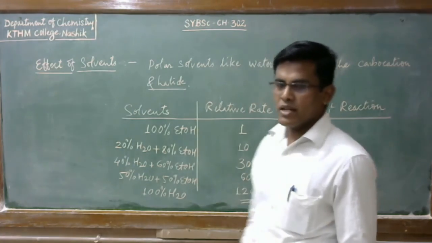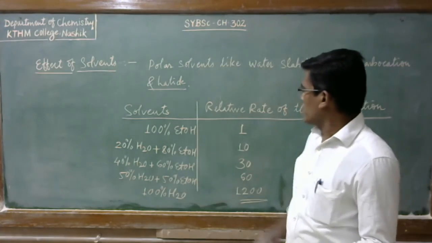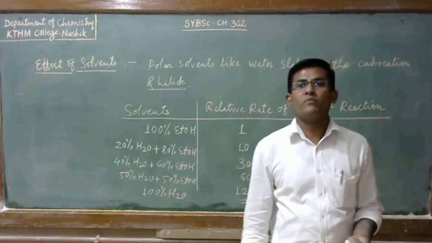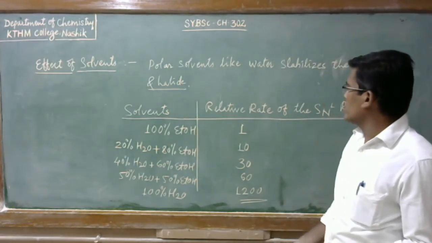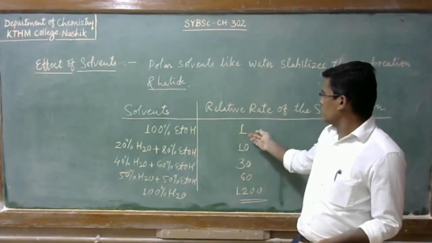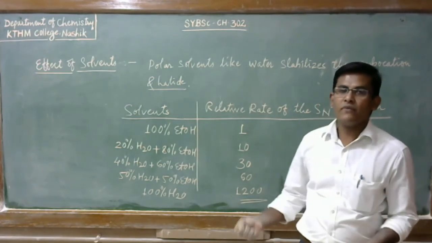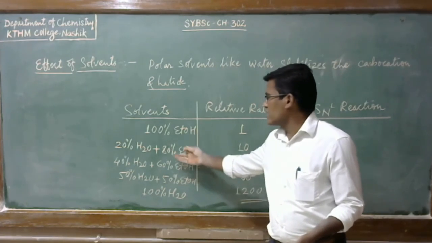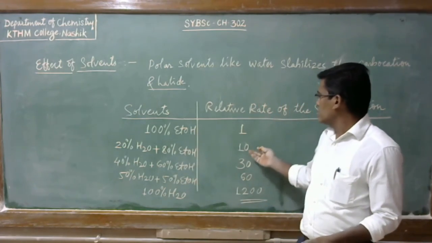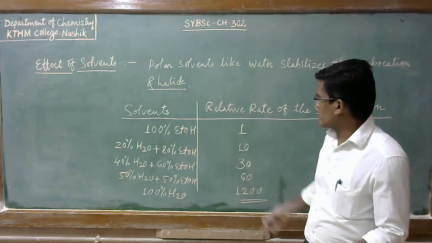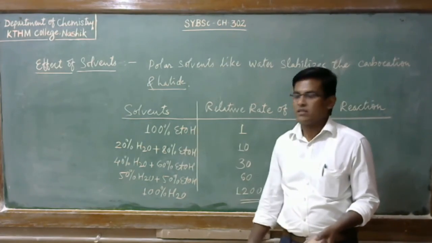So this table indicates that if we have a solvent like water, the rate will be more. If we have 100% ethanol, the relative rate will be 1. If it is 80% ethanol and 20% water, it will be 10 times more as compared to 100% ethanol.